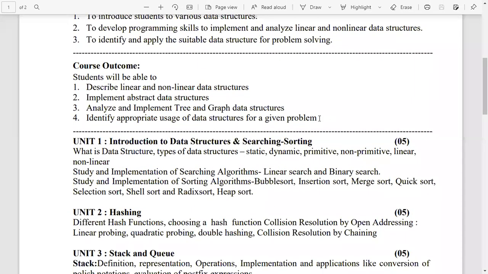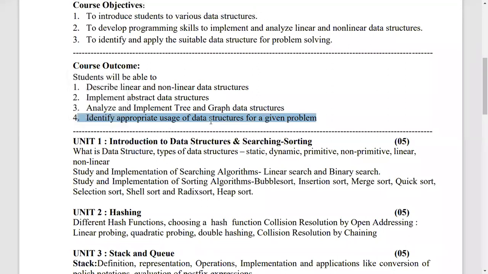The fourth outcome expected is to identify appropriate usage of data structure for a given problem. So you will definitely be able to identify where to use which data structure, or for what type of problem statement, for the different problems or the given problem.